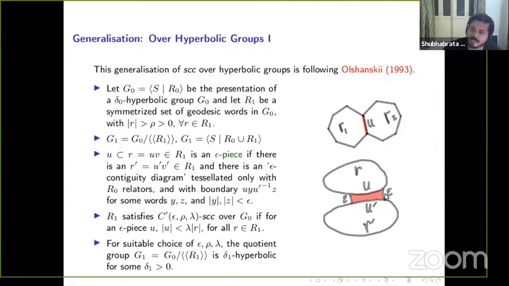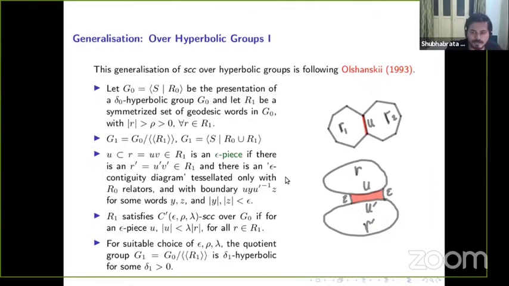There should be another R1 word, R prime, where we have another U prime, which gives us something like a quadrilateral here, where the two vertical sides of the quadrilateral are very small, epsilon. It is very small compared to the size of the relators and also the hyperbolicity constants of the base group and so on.